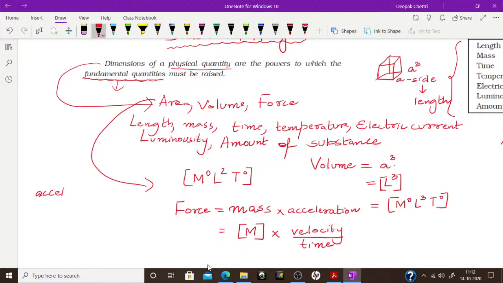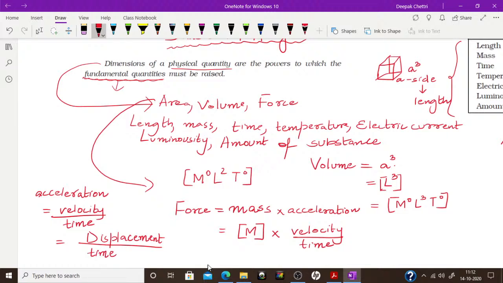Let us find the dimension of acceleration. So acceleration is velocity by time. Here we know the dimension of time is capital T, but velocity again we don't know. So another formula for velocity is displacement by time, right?